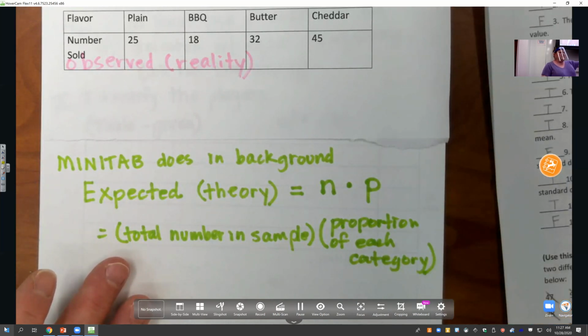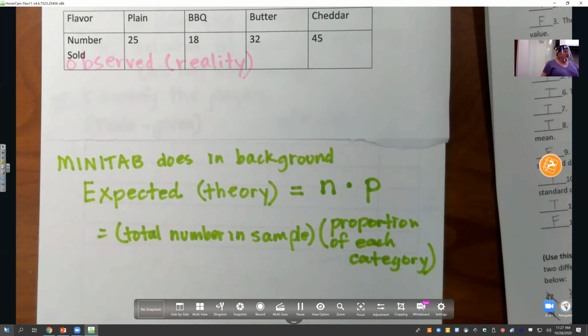Okay, got 4 choices. Has to total 100%. So 100% divided by 4 is 25%. So there's a 25% chance that a customer is going to buy the plain. There's a 25% chance they're going to buy the barbecue.